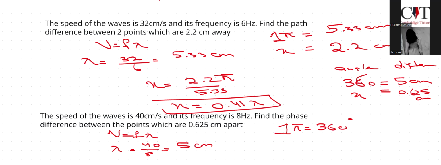If 360 is equal to 5 centimeter, then what would be the angle of 0.625 centimeter? Did you get this ratio? Understood, sir. Now tell me the answer. 45, right? 45 degrees. Okay.